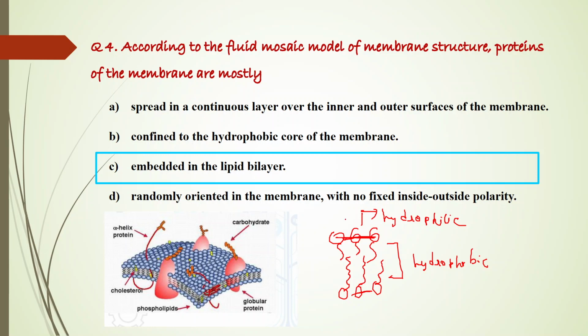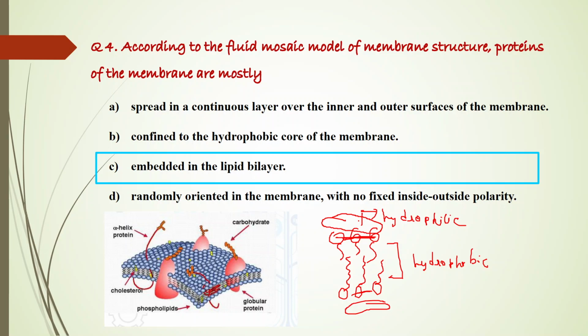That means that the proteins remain uniformly distributed at the outer surface as well as the inner surface. If this happens, ultimately will it result in any kind of favorable transport? Because we all know we need the protein molecules so that we can generate some channels in these phospholipid bilayers, so that from outside different ions or some hydrophilic molecules can pass through these membranes and enter our cells.